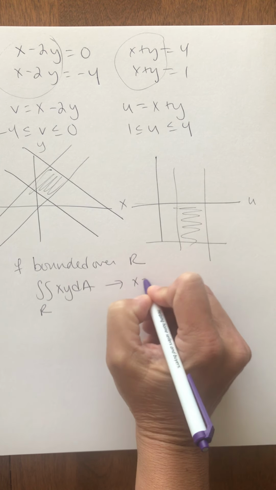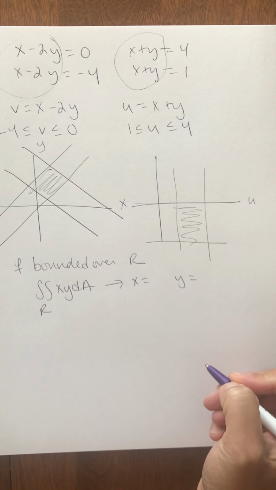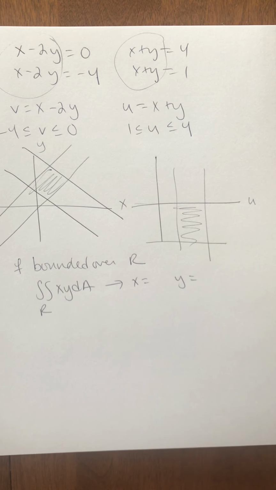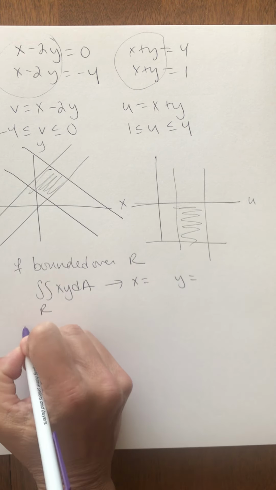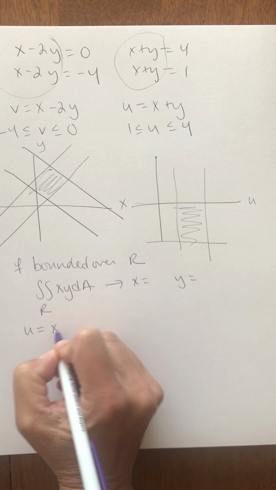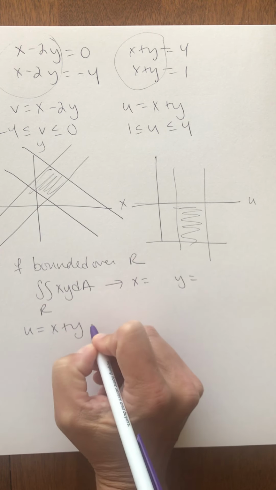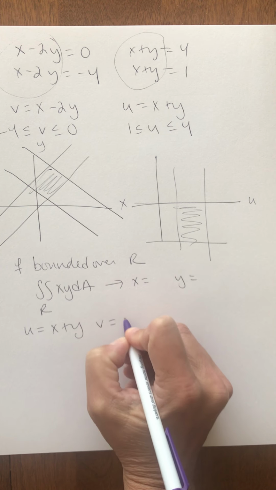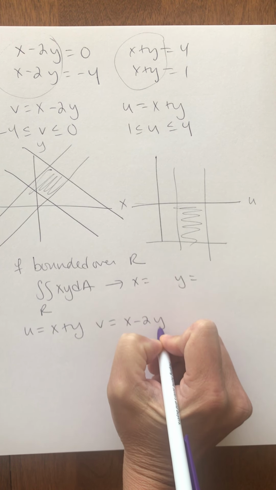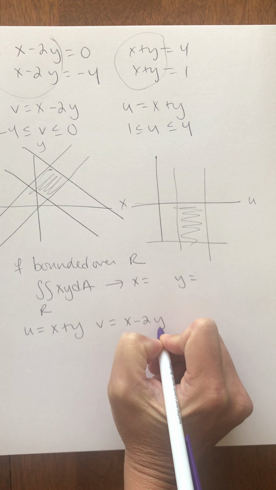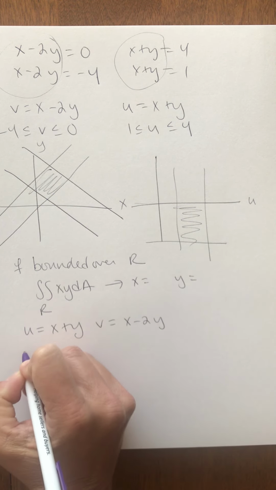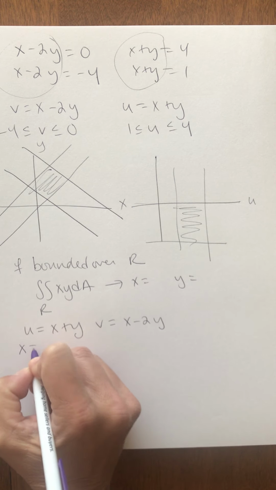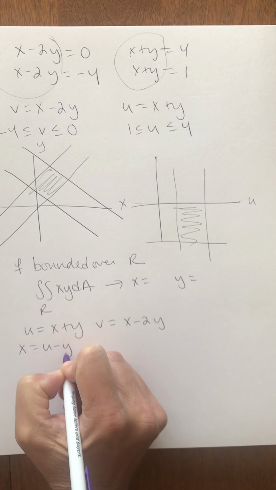So what we need is x and y in terms of u and v. And so here we end up having to do a little bit of algebra. I know we all love doing algebra. So if u equals x plus y and v equals x minus 2y, let's solve for x first. X equals u minus y.